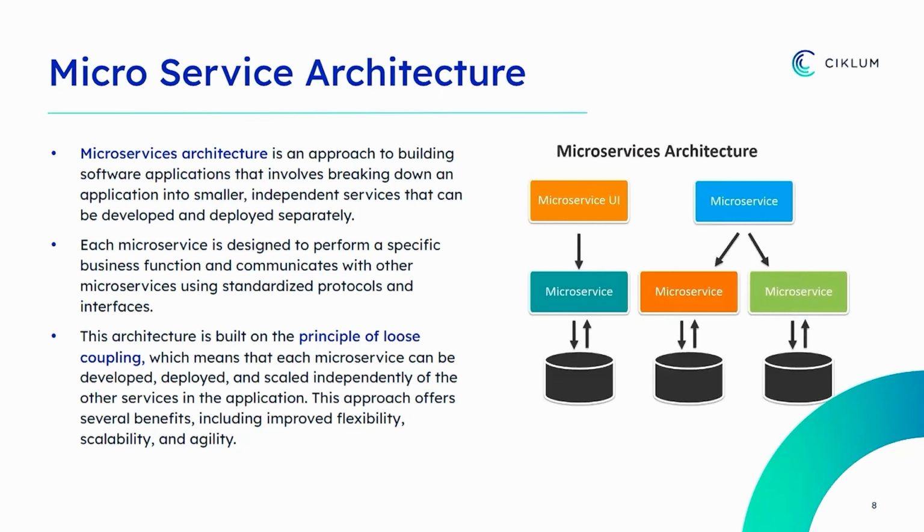Now, the third and most important point for microservices is that they have to be loosely coupled. So we have to think about the principle of loose coupling. That means a microservice itself could be very cumbersome, with components tightly coupled within itself. But when it comes to interaction between the microservices, it has to be loosely coupled.